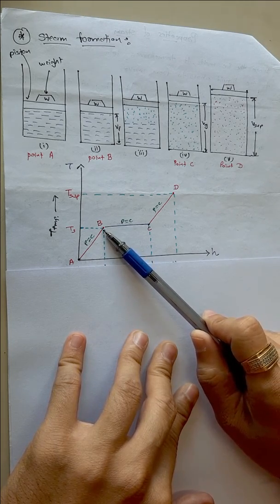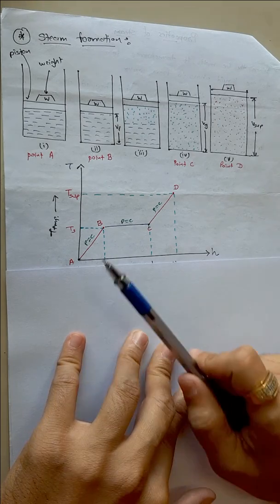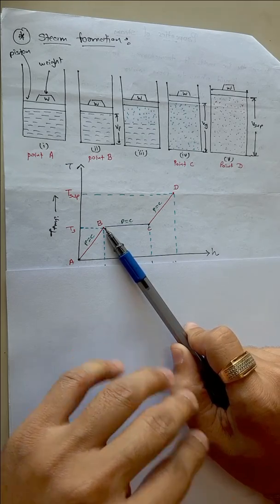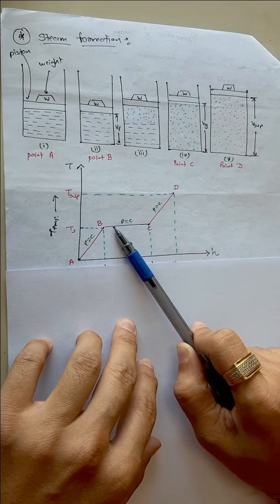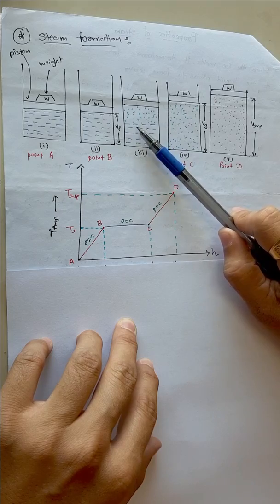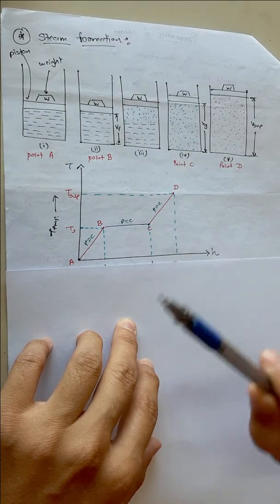At point B we have a saturated liquid at 100 degrees Celsius. From point B we continue heating, so we experience a change in phase. Now water particles start to convert into dry particles, or steam particles.